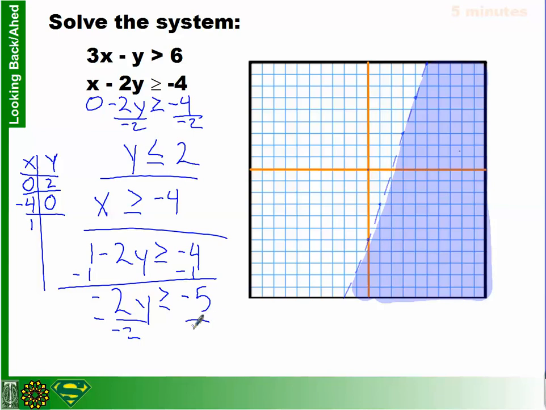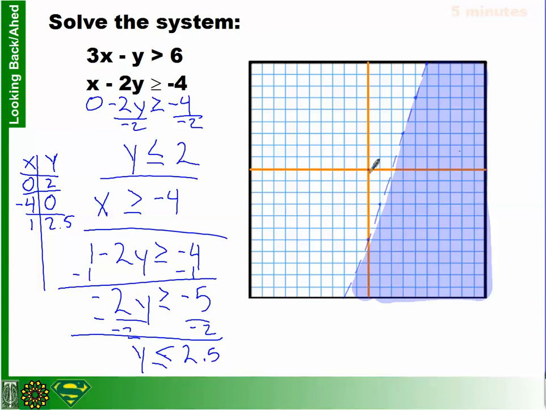And so I have y is less than or equal to, because I had to flip the sign since I divided by a negative, 2.5. And so I'm going to go ahead and graph this. I'm going to graph this in orange. Go Broncos. Actually, I guess I can't use orange because my grid lines are orange, so I'll use red.